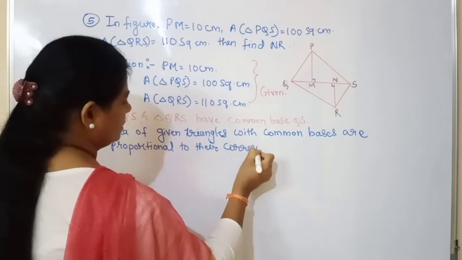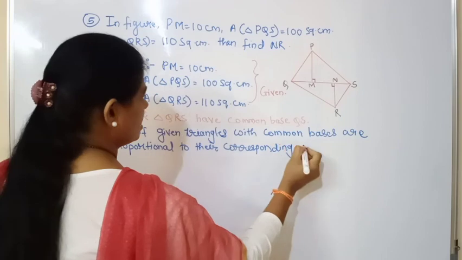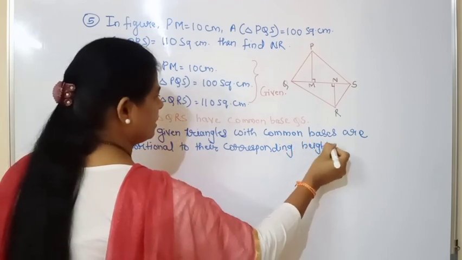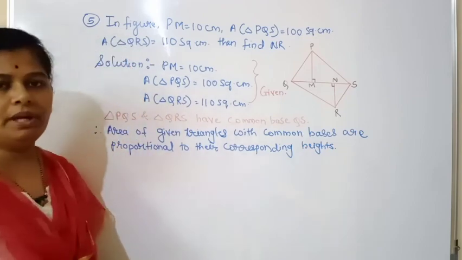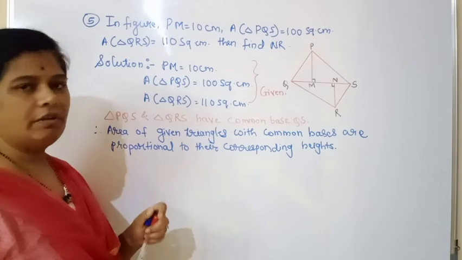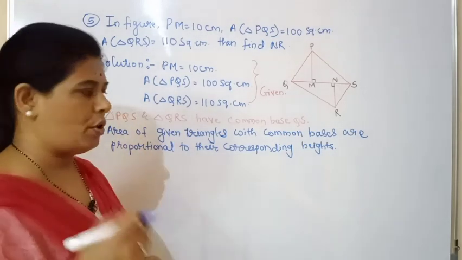As I told you, this statement is very, very important. Children, you should learn this statement by heart, because if you forget to write it, then your marks will be decreased. So areas of the given triangles with common bases are proportional to their corresponding heights.